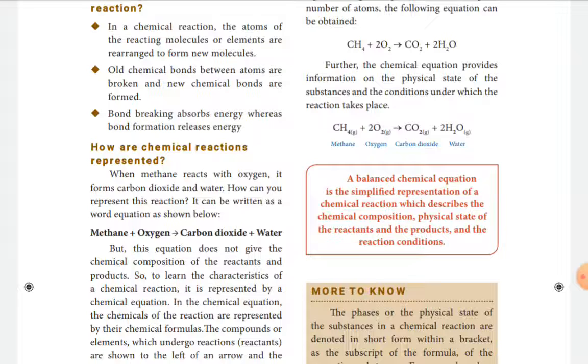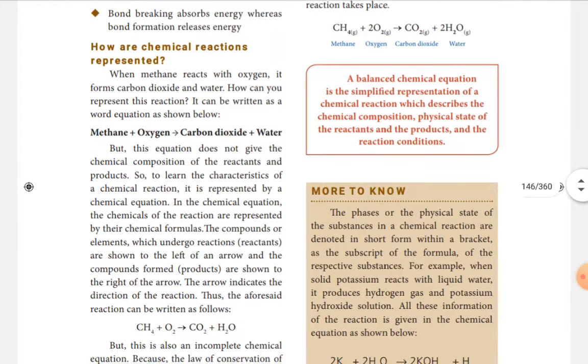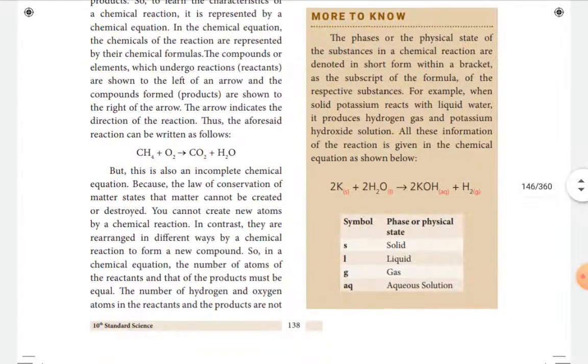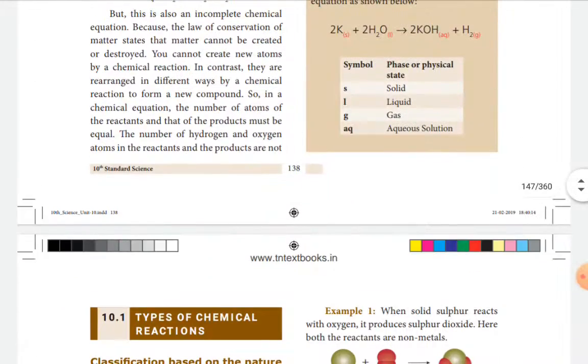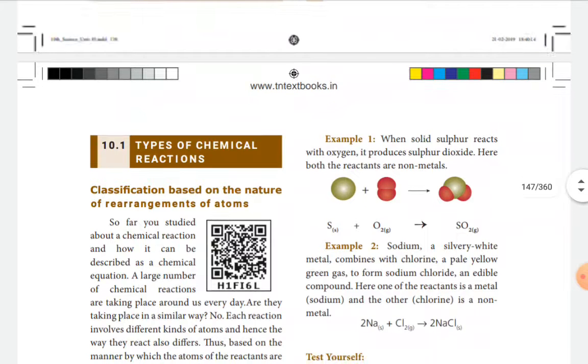Then normally we use a word equation to represent the chemical reaction. Now we have to learn how to write a chemical reaction using formulas. So you should know the names of the reactants and products and their formulas.